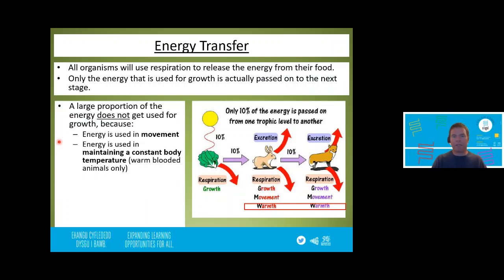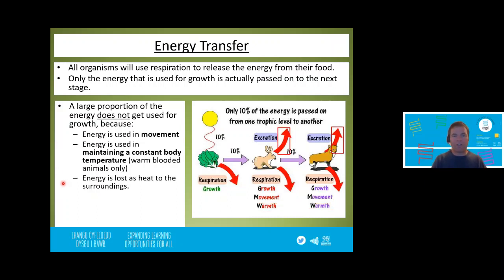So we're talking about warm-blooded animals here, which really we're talking about mammals. So those organisms use some of the energy that is released in respiration just to keep warm. And therefore, that is not consumed by the next organism in the food chain. So if you like, in terms of a food chain, it has been lost.